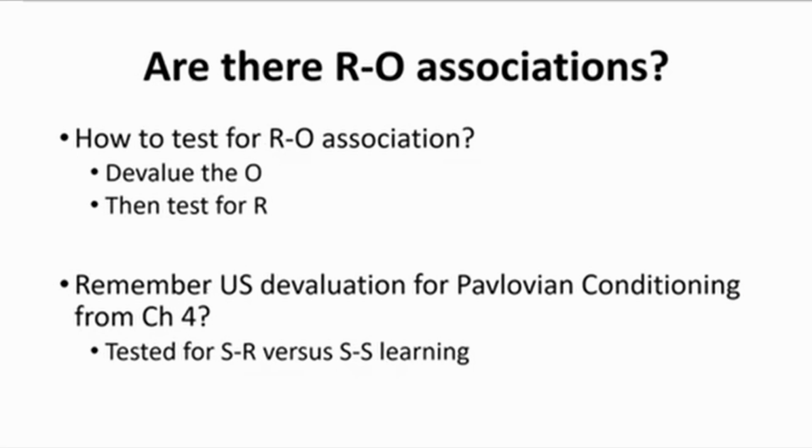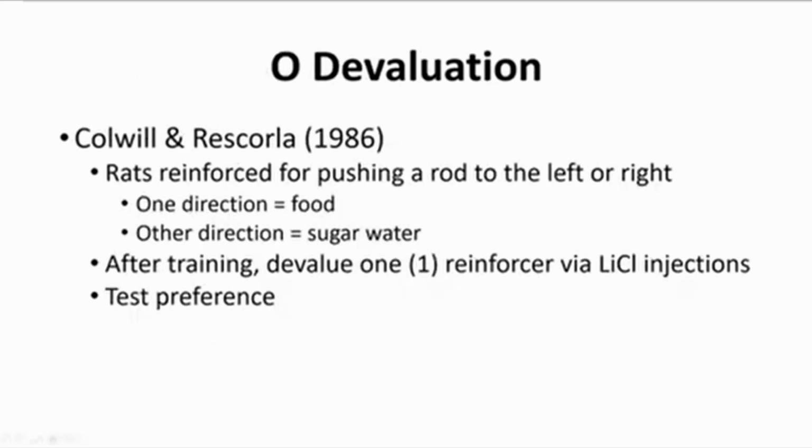So if we devalue our outcome, our O, then we can test for the presence of that R. Does responding decrease when we devalue the outcome? So back in chapter 4, we tested specifically for SR versus SS learning, and we could see a dropping in responding if we devalued some outcomes in some situations.